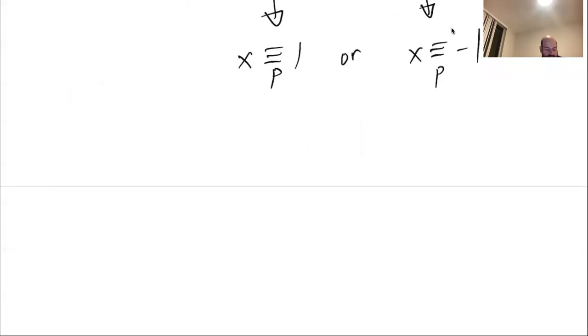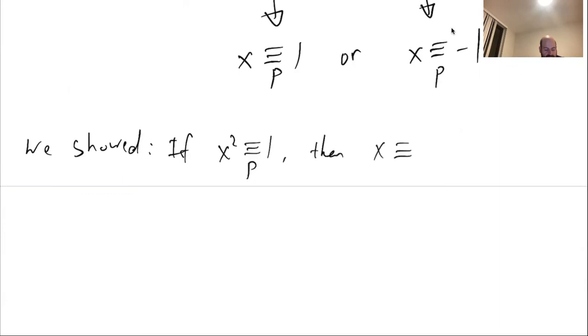Okay, so we showed that if x squared is 1 mod p, then x is 1 mod p or x is minus 1 mod p.